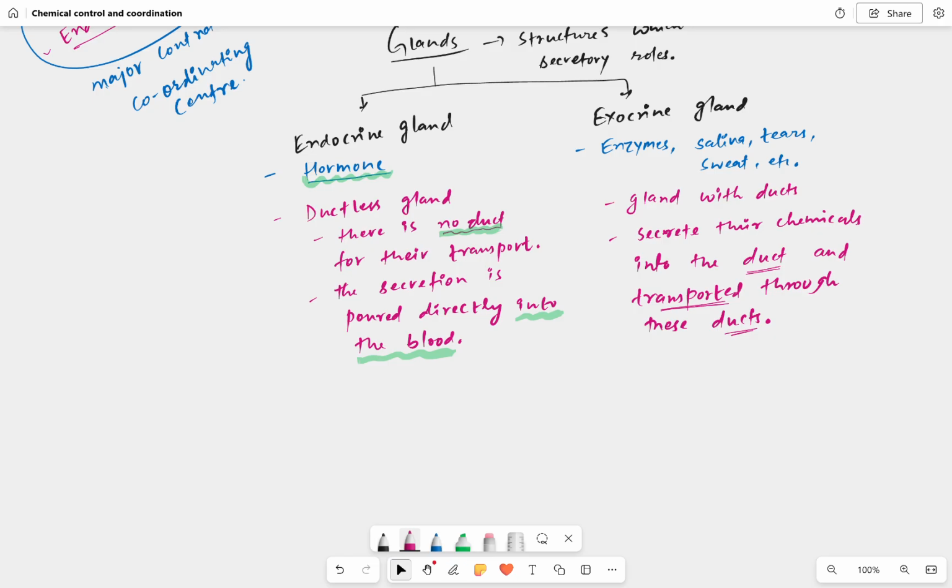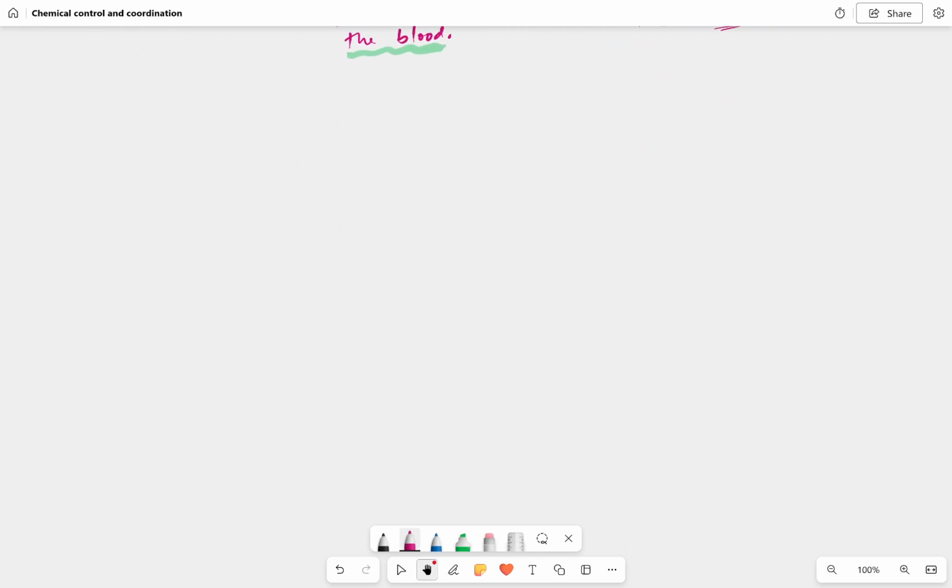Now we'll focus solely on the endocrine gland and the hormone. The main purpose of the study is basically the endocrine gland.